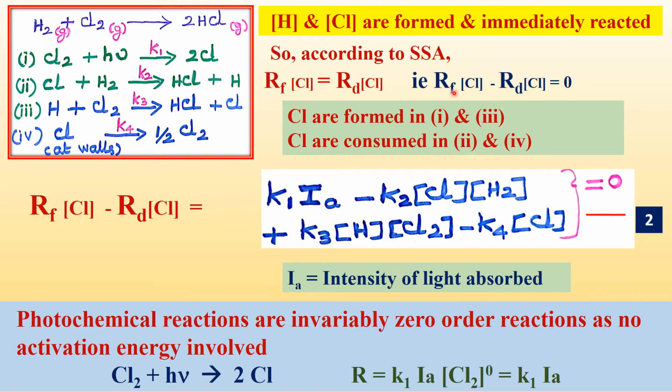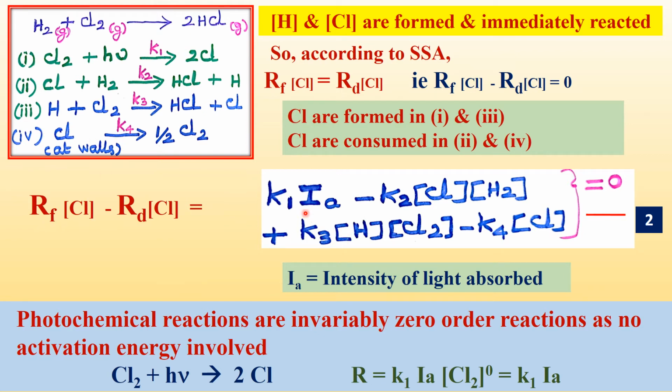So R_F of [Cl] minus R_D, the rate of decomposition of Cl, equals 0. According to the mechanism, chlorine atoms are formed in step 1 and step 3, and chlorine atoms are consumed in step 2 and step 4.